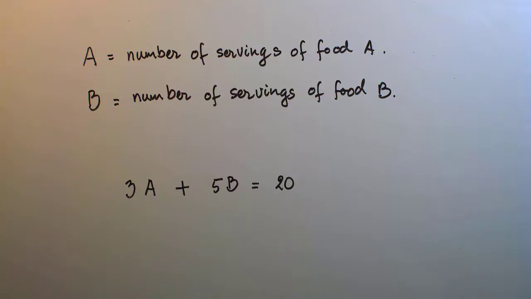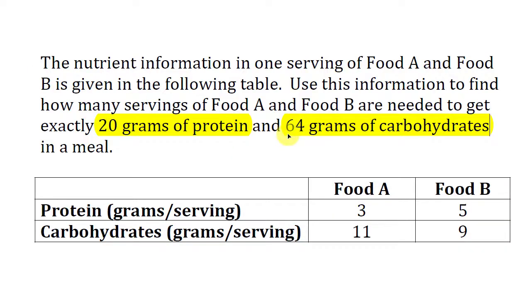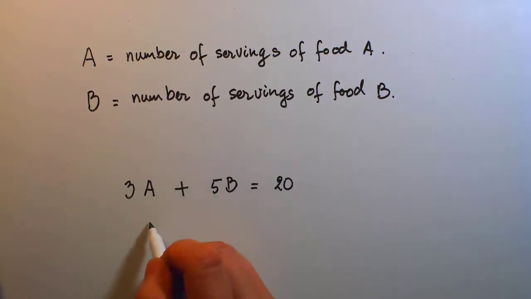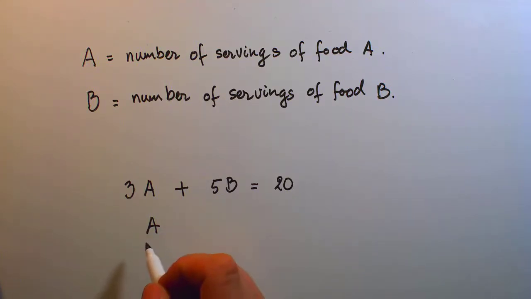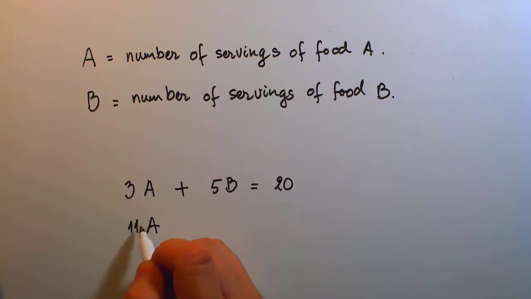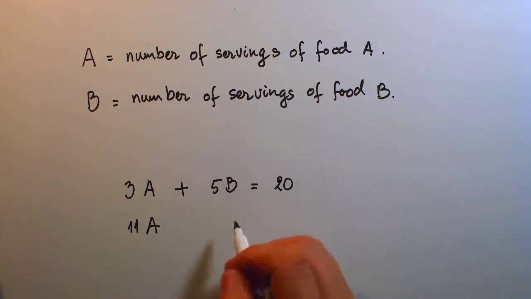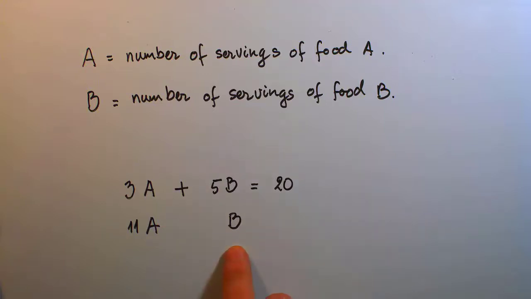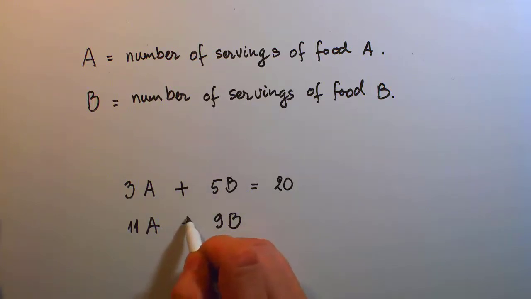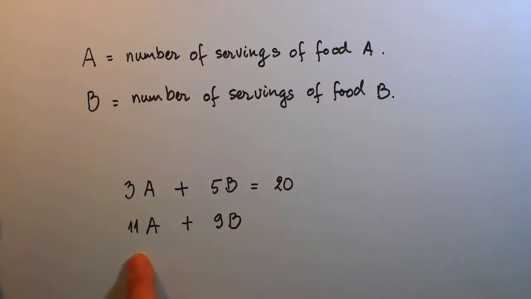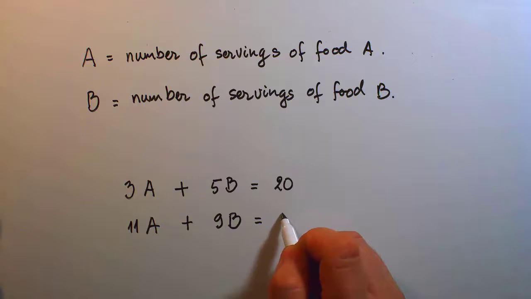The problem also requires the two foods coming together to have 64 grams of carbohydrates in a meal. So once again, with A servings of food A at 11 grams per serving of carbohydrates, and B servings of food B at 9 grams per serving of carbohydrates, totaling up these two quantities of carbohydrates is required to be a total of 64 grams.